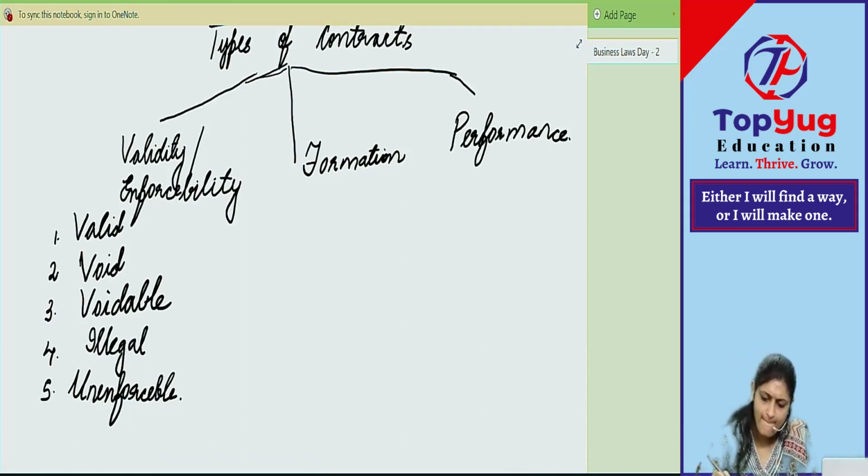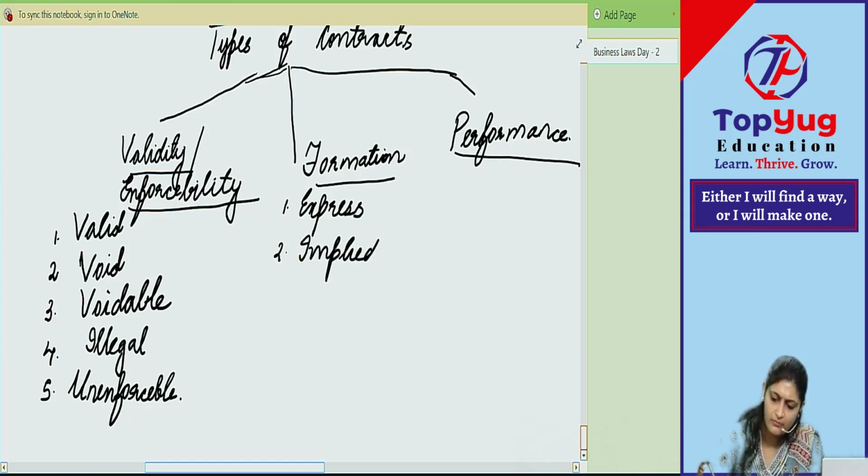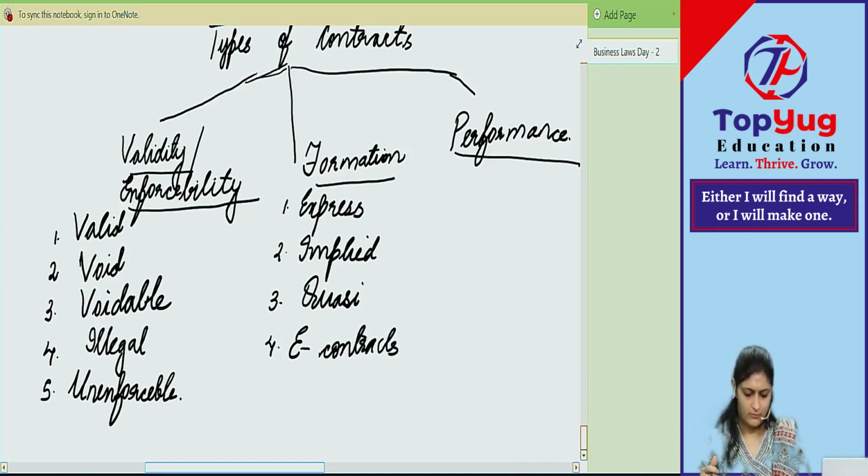Based on your formation, again you have express contracts, implied contracts, quasi contracts, and e-contracts.